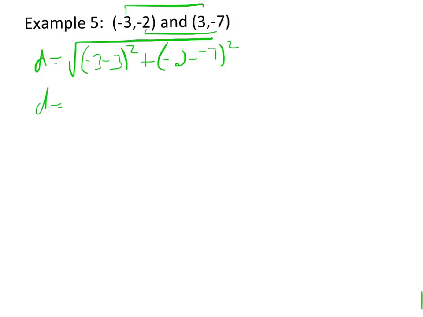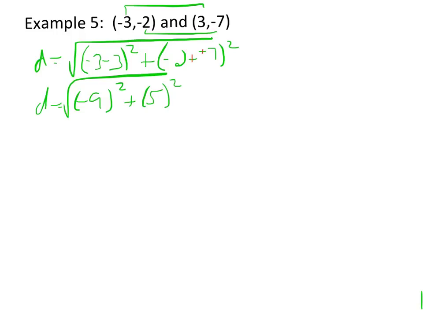So d will equal -9 quantity squared plus, and then again remember that minus negative is plus. So -2 plus 7 is 5 squared.